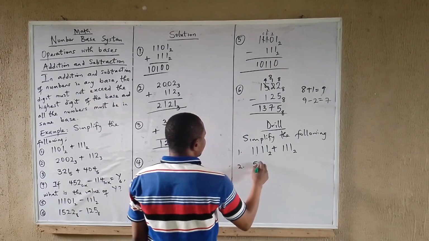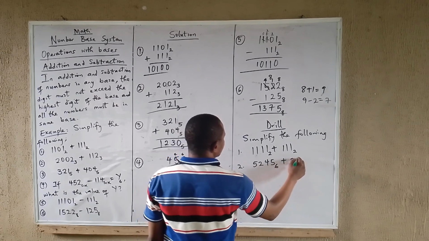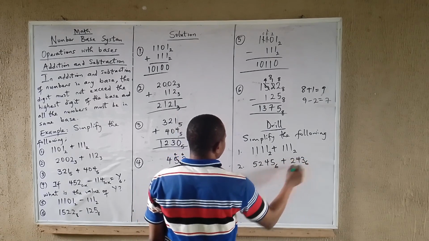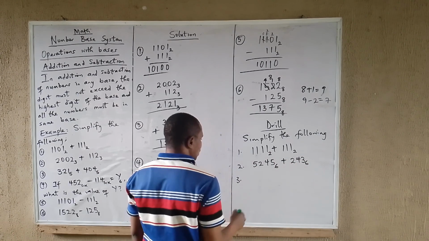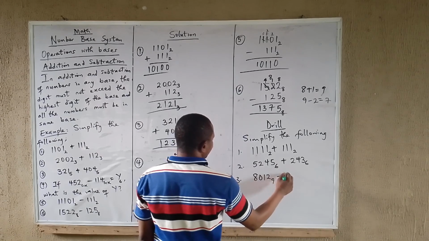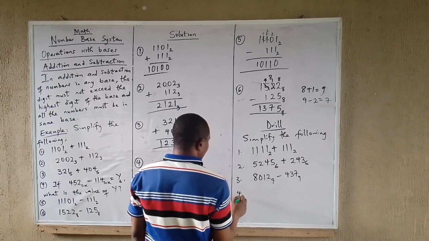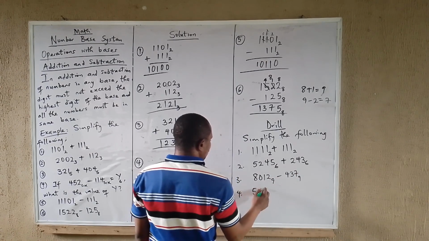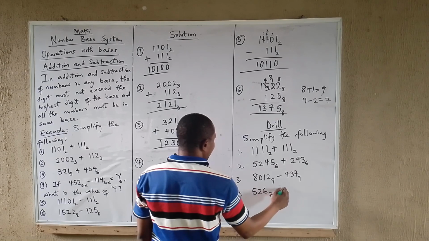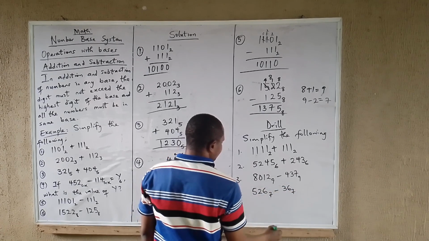Then 2: 5245 base 6 plus 243 base 6. Number 3, you have 8012 base 9 minus 437 base 9. Then number 4, you have 526 base 7 minus 36 base 7.